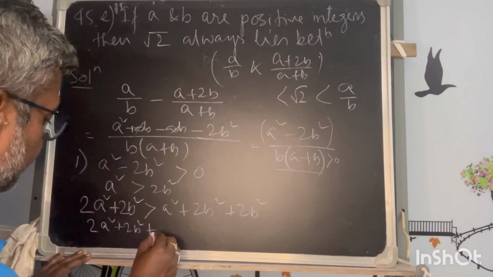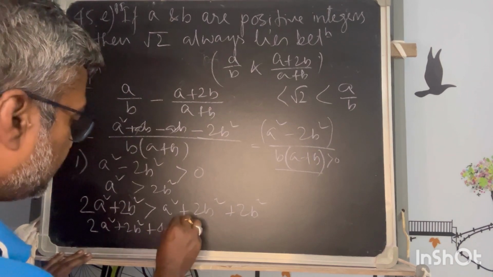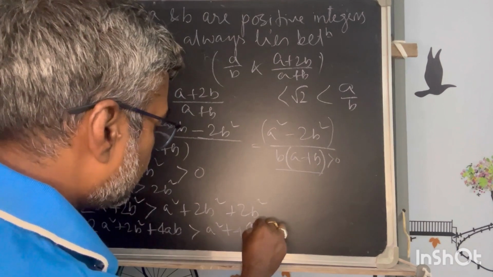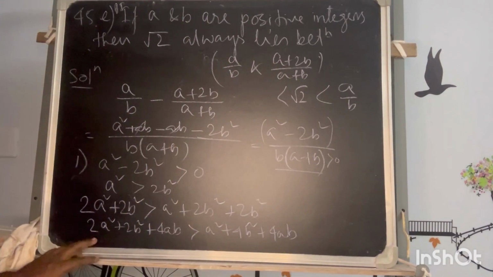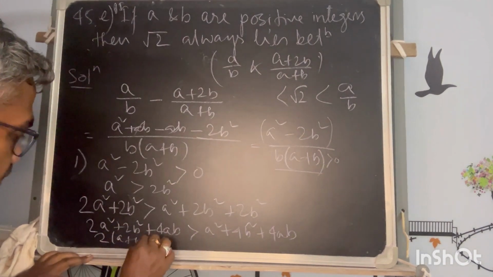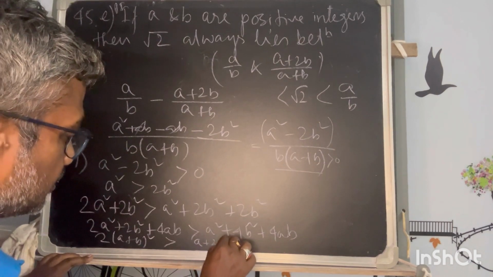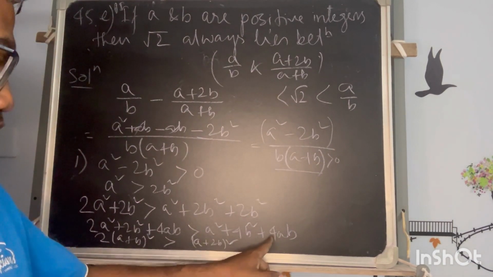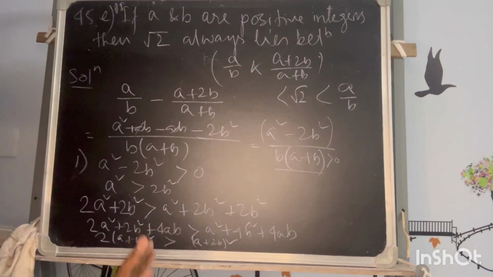Now I am adding how much? 4ab I am adding. So there a square plus 4b square plus 4ab also I am adding. So I will take 2 common, so a plus b whole square greater than here a plus 2b whole square, a square plus 2 into a into 2b plus 2b whole square, so a plus b whole square.